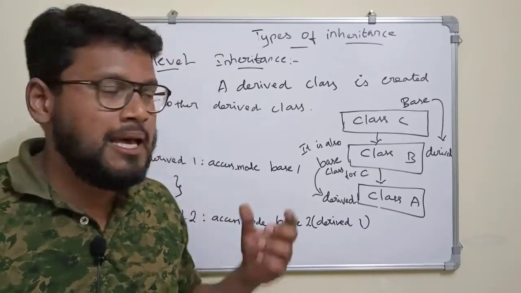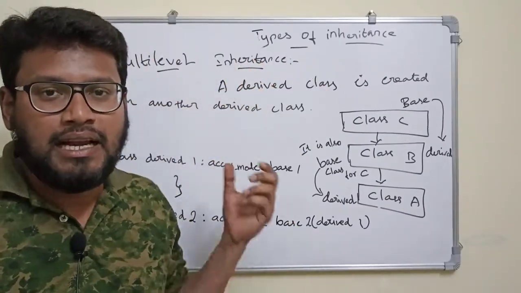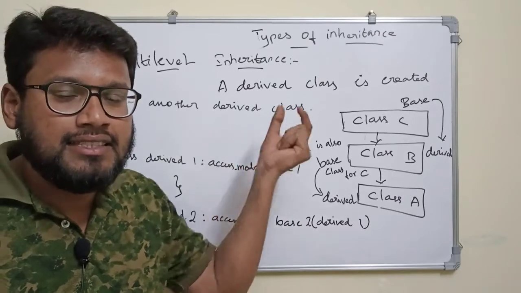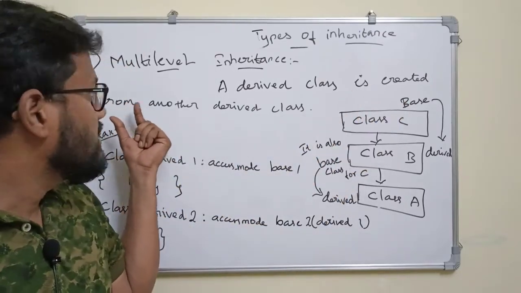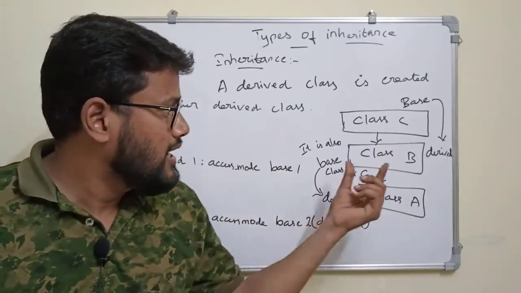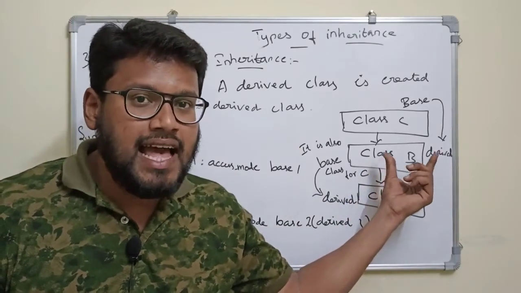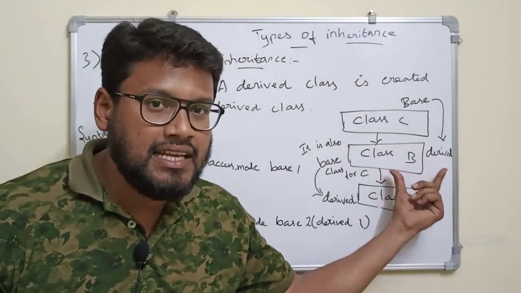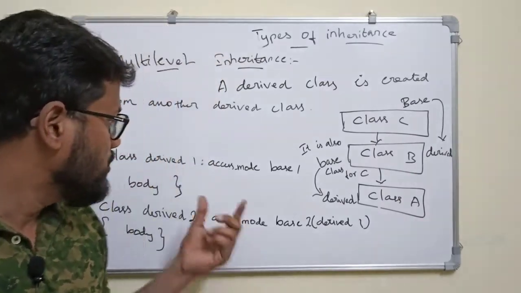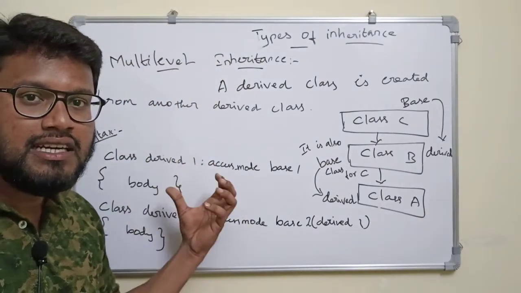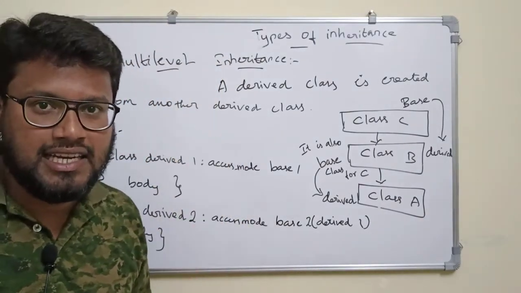The next type is multi-level inheritance. In multi-level inheritance, a derived class can be created from another derived class. That means class B acts as a base class for class A. Using this syntax, we can declare a derived class for multi-level inheritance.